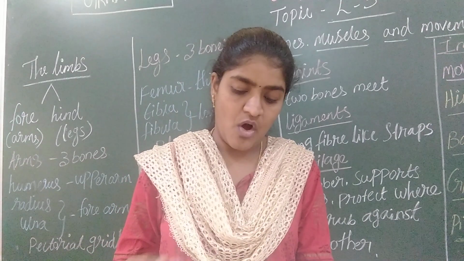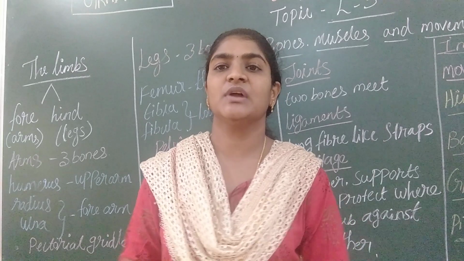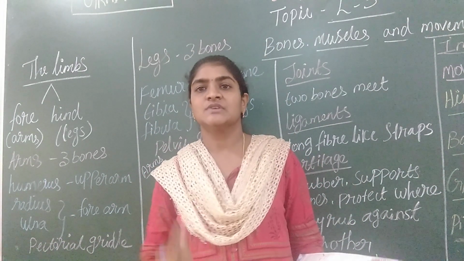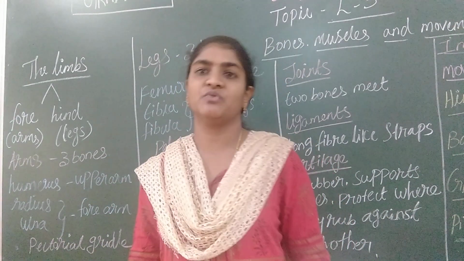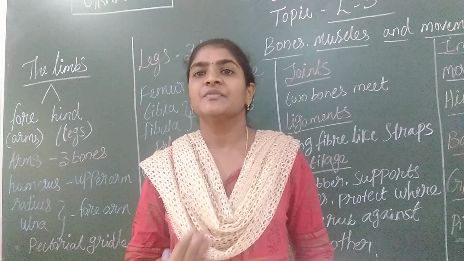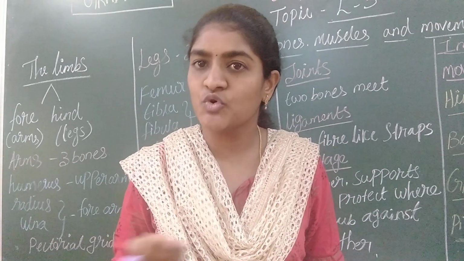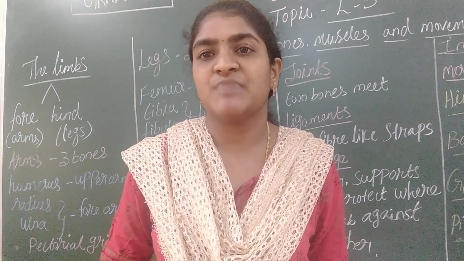Also, I explained the rib cage. The rib cage has 12 pairs of bones, so 12 on this side and 12 on this side. The last 2 pairs of bones are called floating bones because they are not attached to the breast part.